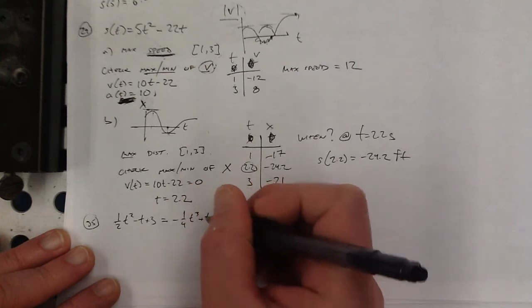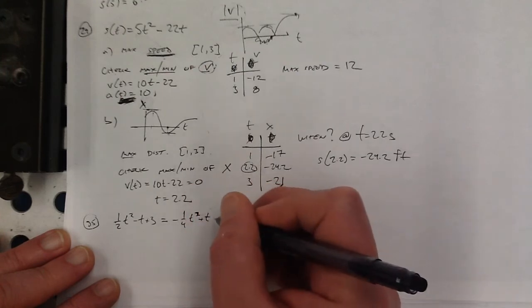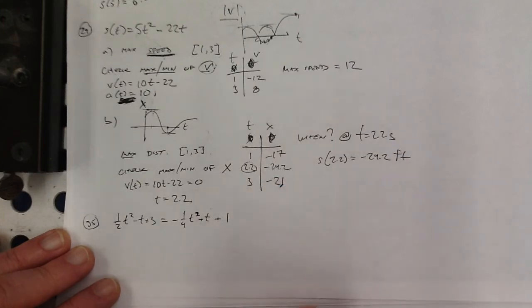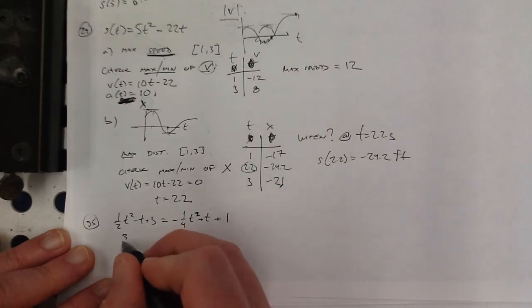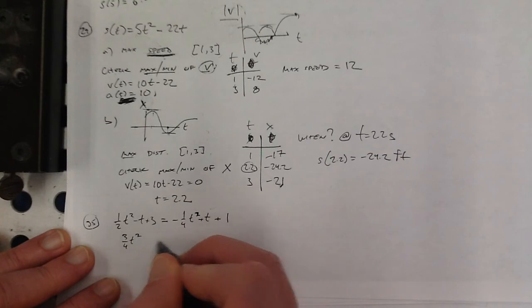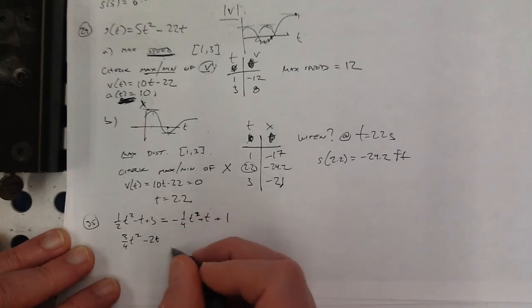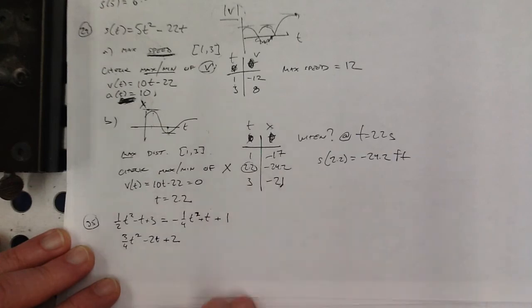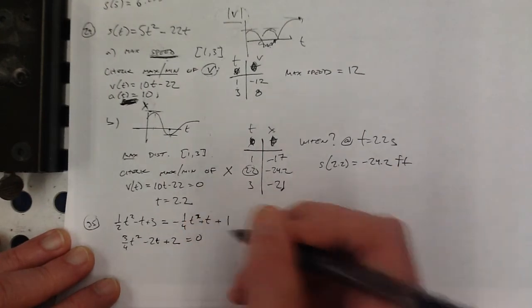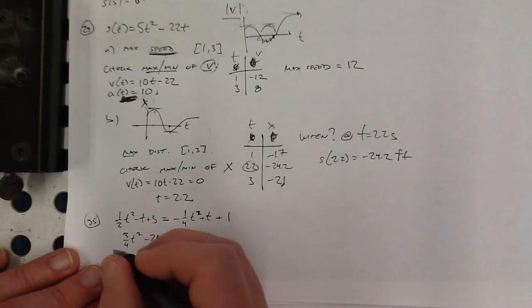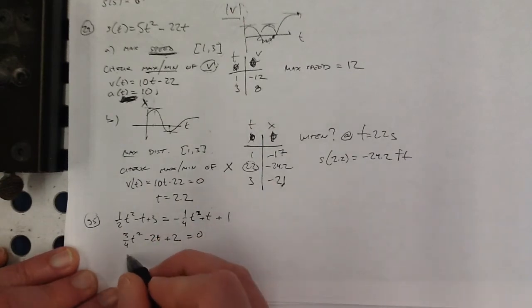That should do it. It's supposed to be squared there. Sorry. Plus 1. So that's 3/4 of t squared minus 2t plus 2. And I'm going to multiply that through by 4 so I can get a better idea of what's going on there.